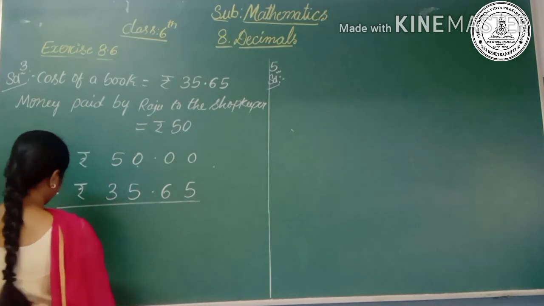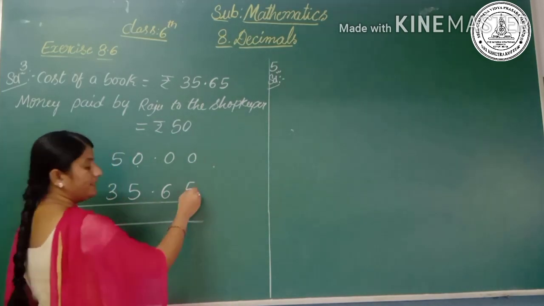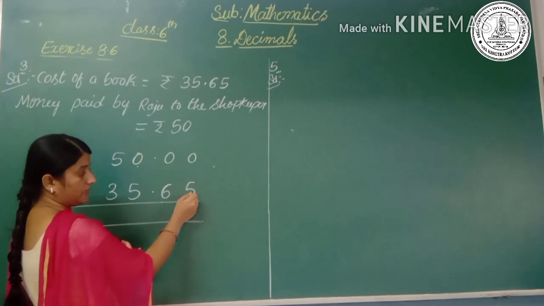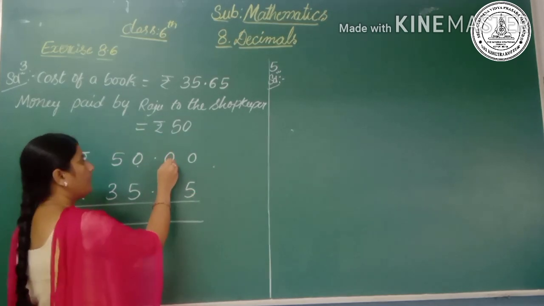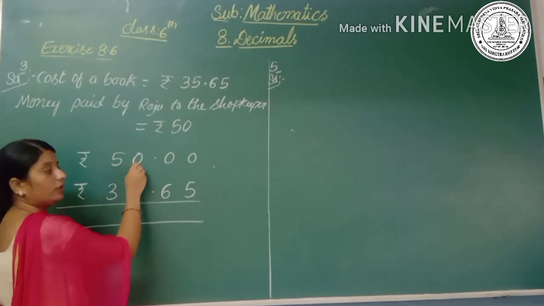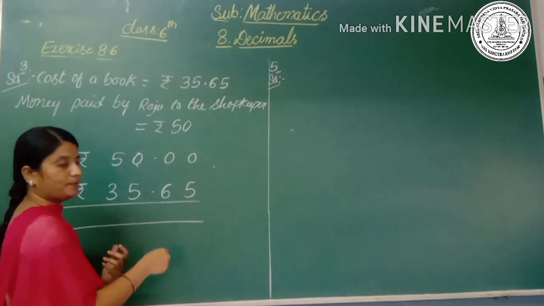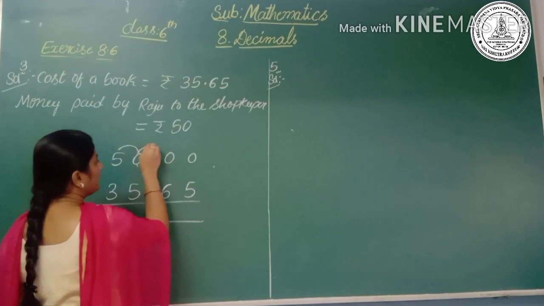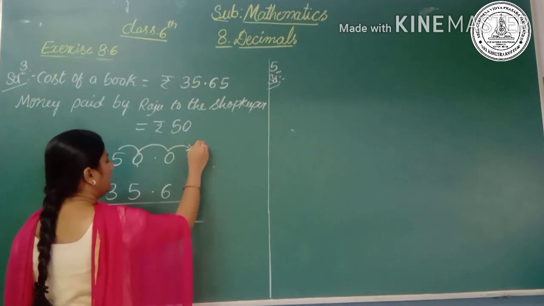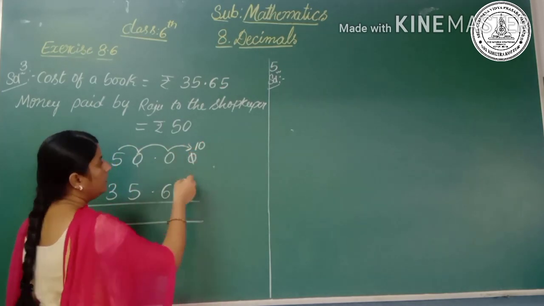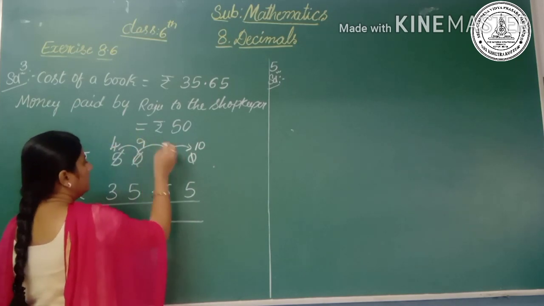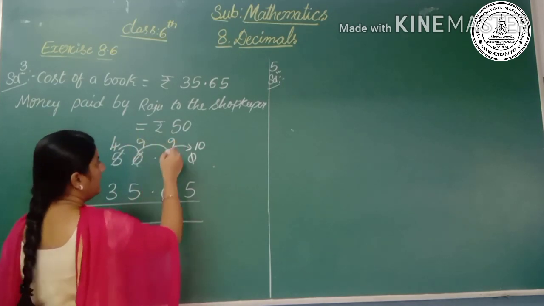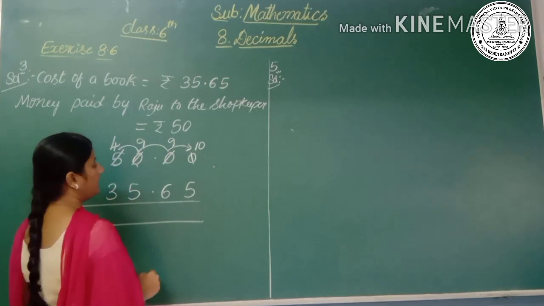Subtract here: 0 minus 5 we cannot subtract, then take a borrow. In the next place there is also 0, and in the ones place also 0. We have to take from the tens place. So it will become 10. After taking the borrow, the 5 will become 4, the ones place is 0 so it becomes 9, and the tenths place is 9.